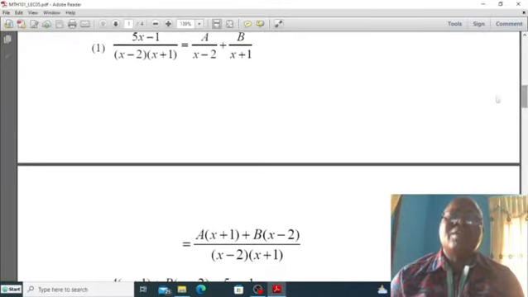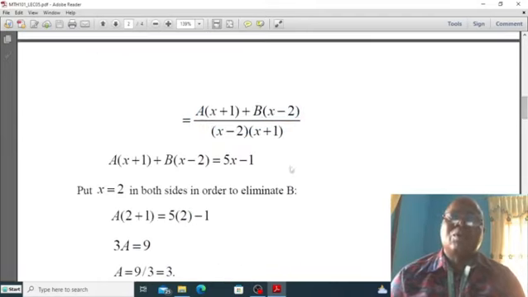If you use x - 2 to divide the denominator, you are left with x + 1, and so you multiply it by A, then you have a plus sign. If you use x + 1 to divide the denominator, you are left with x - 2. You multiply it by B, as we have here. Then we now proceed to look at the equation below.